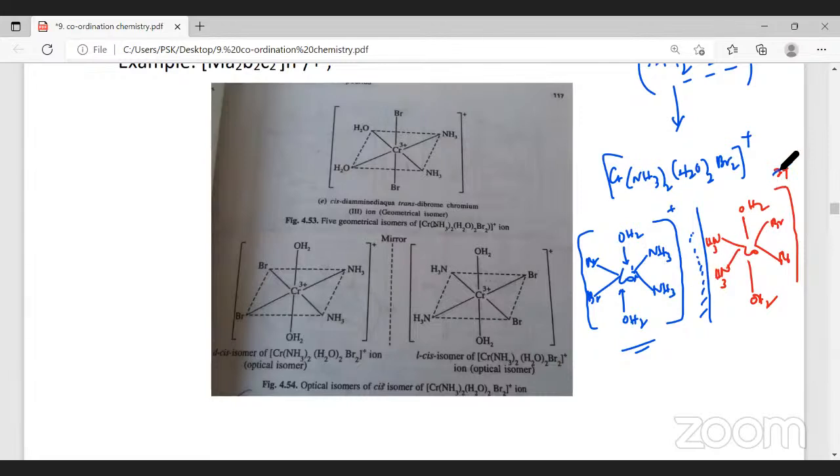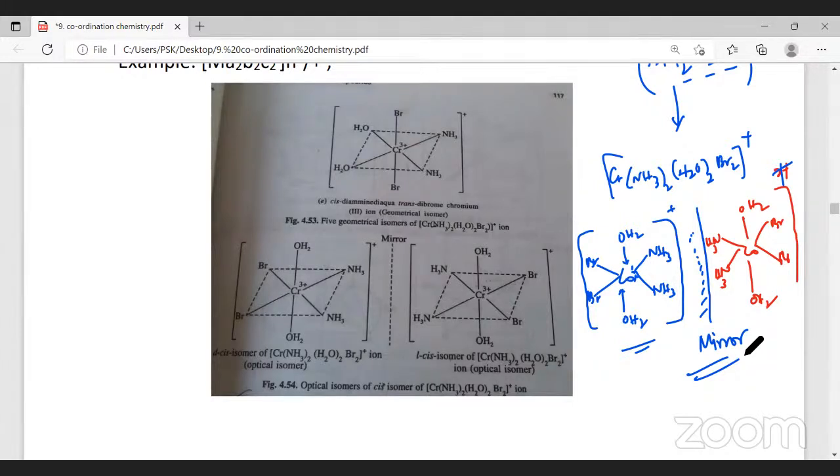So this is the condition for a molecule to exhibit what? Optical isomerism. There should be a non-superimposable mirror image. So this is an example of a complex which shows optical isomerism. Optical isomers are compounds having the same molecular formula and same structural formula, but they differ in the rotation of plane polarized light.